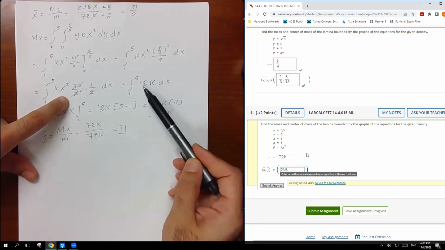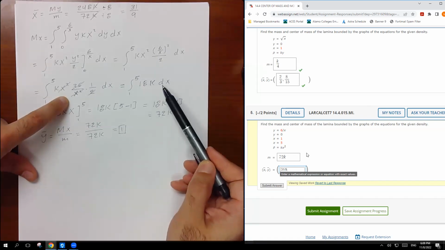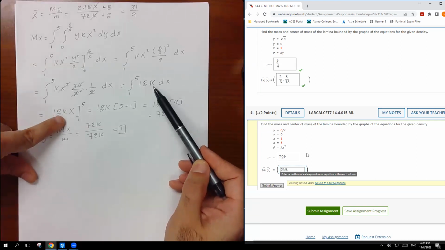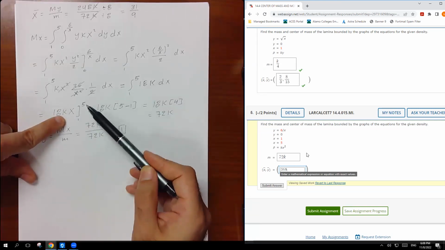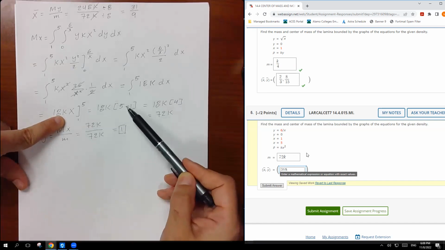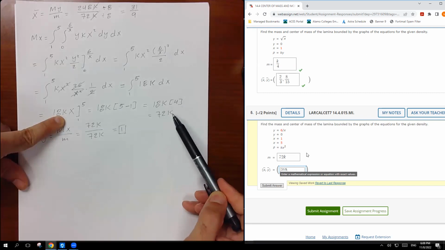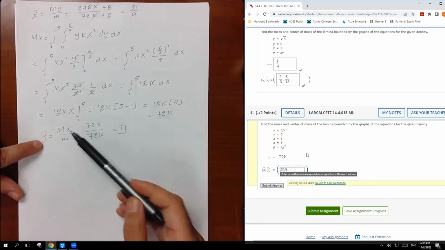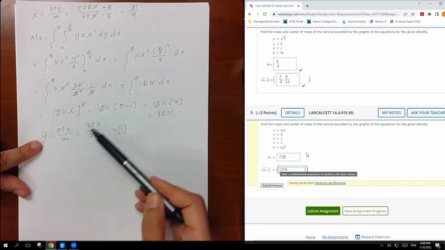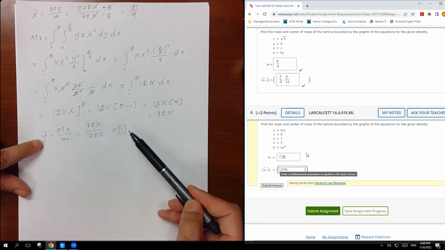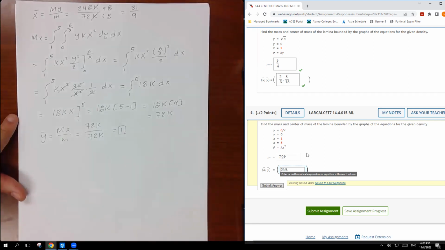Now find the integral of 18k with respect to x. 18k is a constant, and x from 1 to 5 means 5 minus 1, which is 4. So 18 times 4 is 72. That means y bar is going to be m sub x over m, 72k divided by 72k, which is 1. So comma 1. That's it for this example.